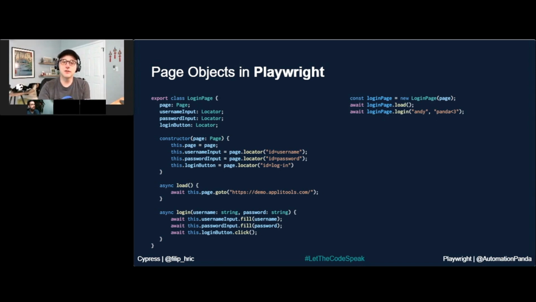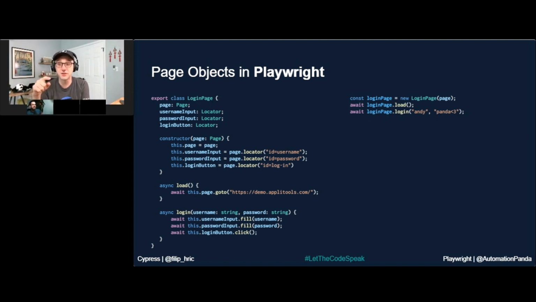In the constructor, you can see we receive that page through dependency injection, which we would pass in through the test case. It stores that variable, and then it constructs the locator objects. We're not just storing the selectors as we did in the Cypress example. We're actually constructing the locator objects. Remember, locator objects are different from element objects.